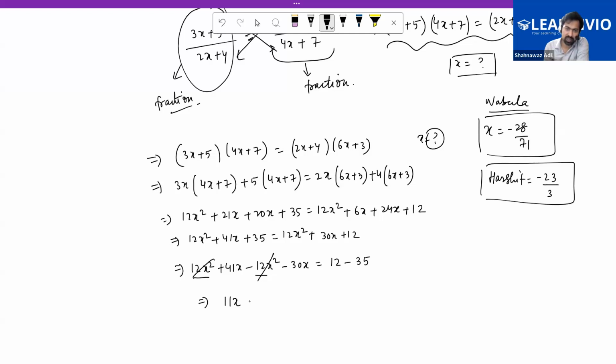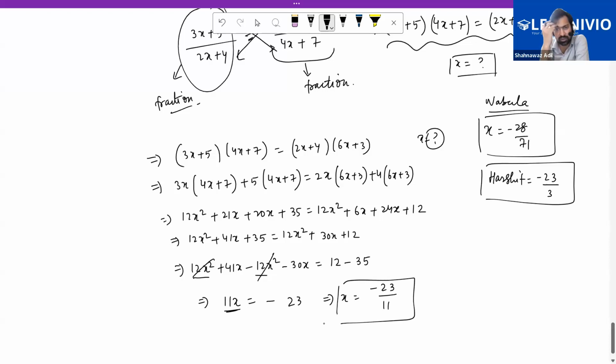Sorry, 11x. And this is minus how much? 3. And then 3 minus 1 is 2. So this one was correct, Harshit, but only this part. You did all this calculation correctly, but at this part you just made a minor mistake, right? x would be minus 22.